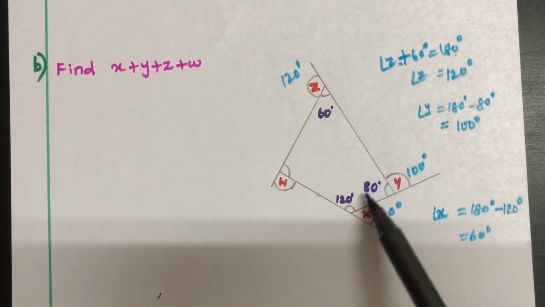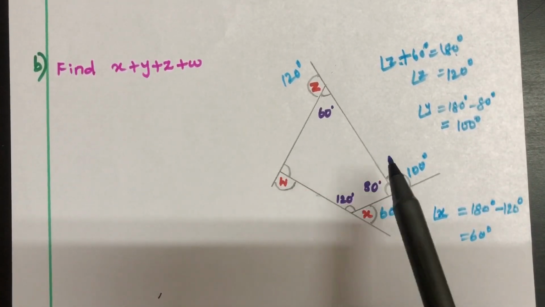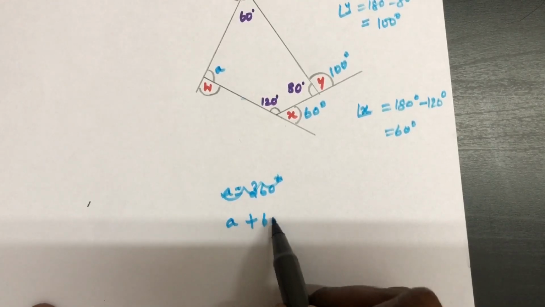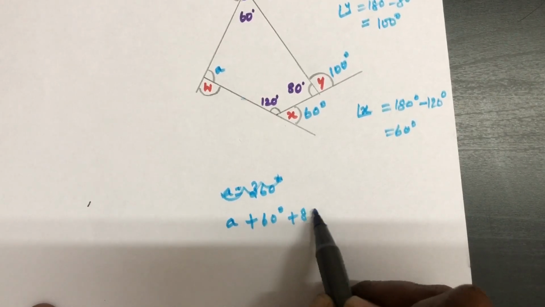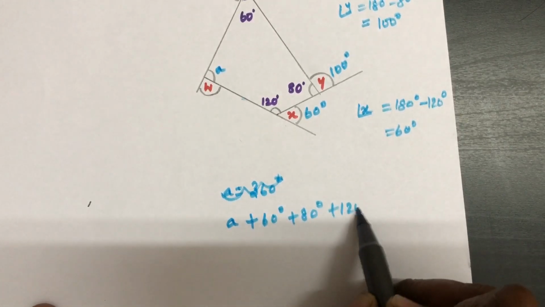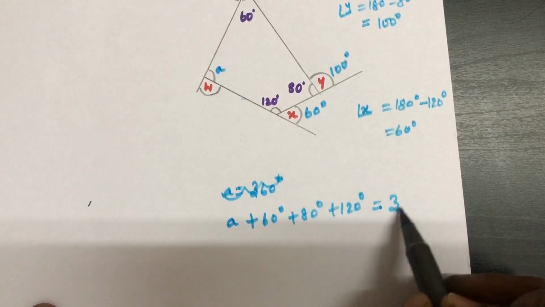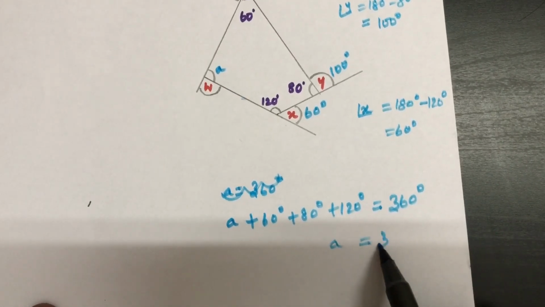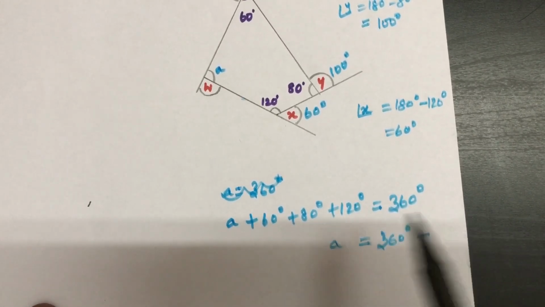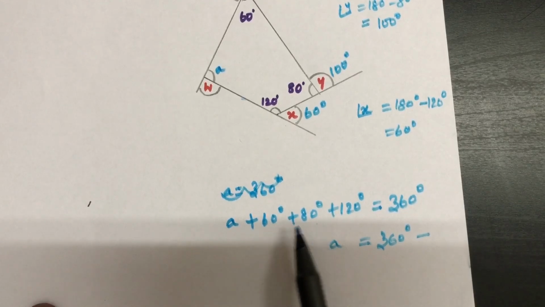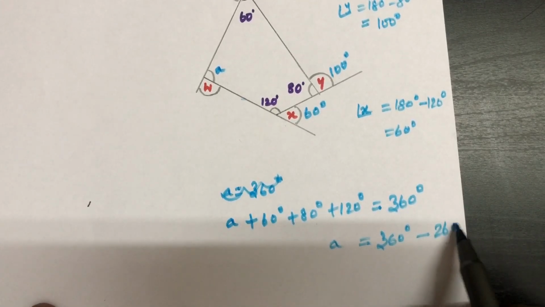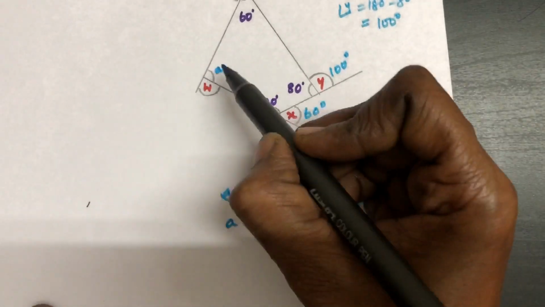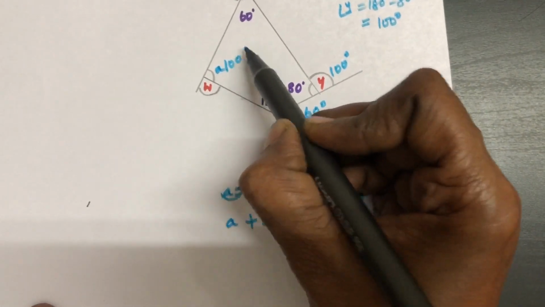So if you add all these and equate with 360 degrees, we will find this value. A plus 60 degrees plus 80 degrees plus 120 degrees equals 360 degrees. Correct? A is equal to 360 degrees minus 260 degrees. So A is equal to 100 degrees. So this value is 100 degrees.